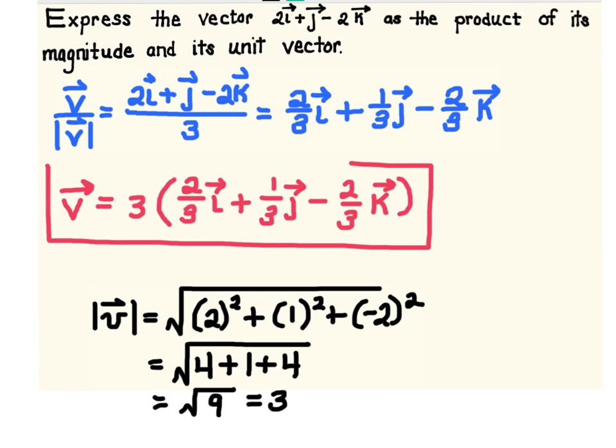This is vector v expressed as the product of its length and its direction.